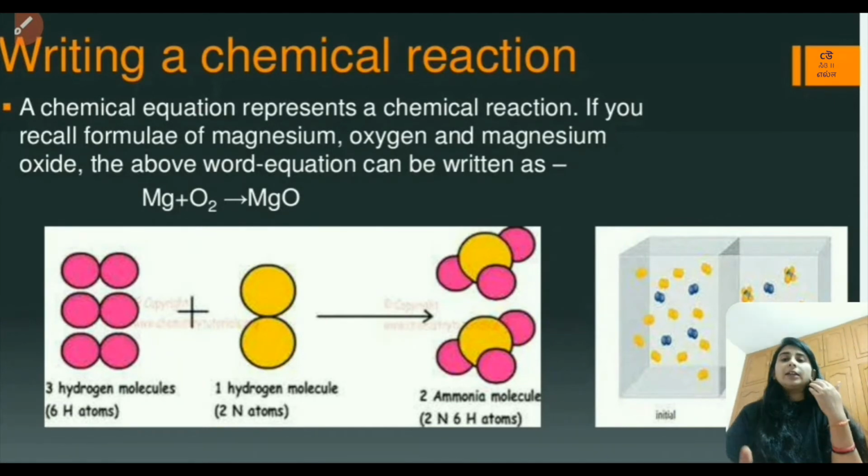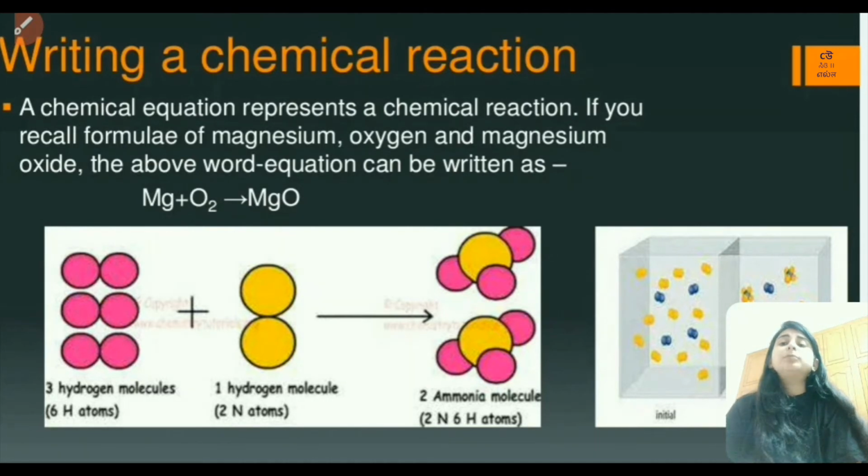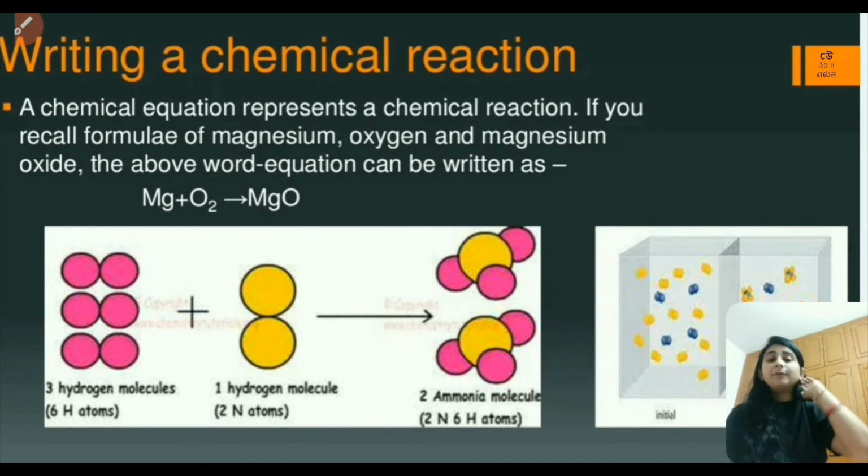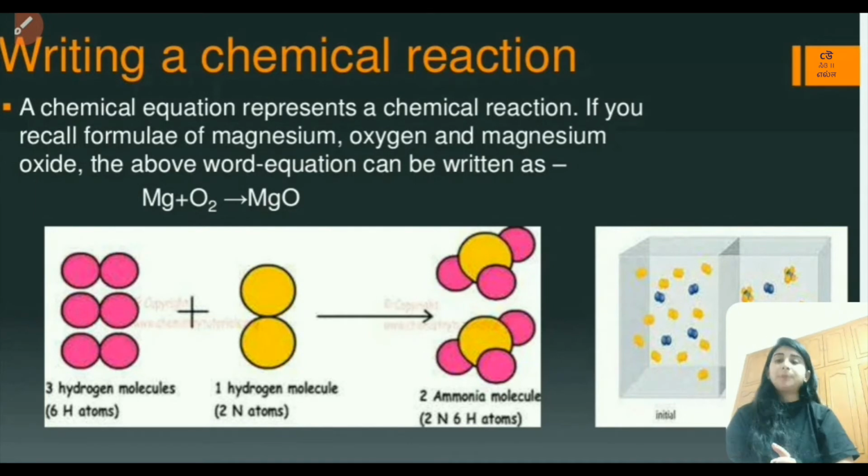So if we can recall the formula of magnesium and oxygen and magnesium oxide, we can mention what happens when magnesium combines with oxygen to form magnesium oxide. For this, students, you have to learn the formulas of all the elements which are given in the periodic table.